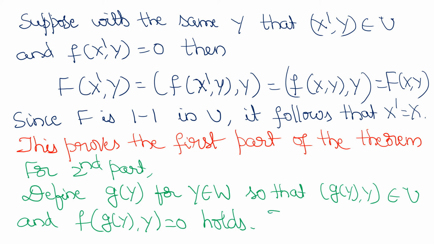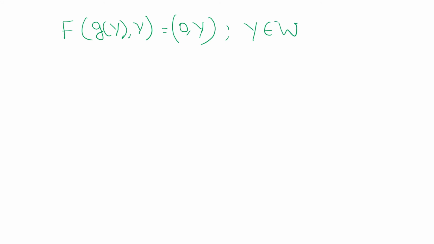So then what does that give you? Capital F of (g(y), y) is equal to (0, y) such that y belongs to W. Let us call this equation 3.